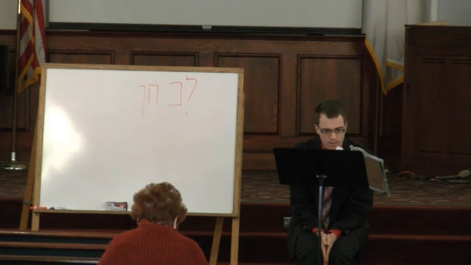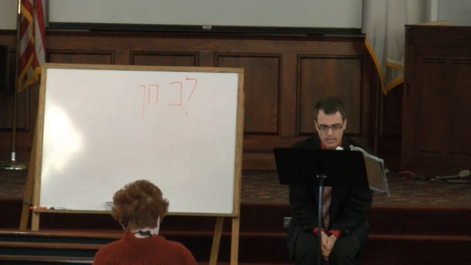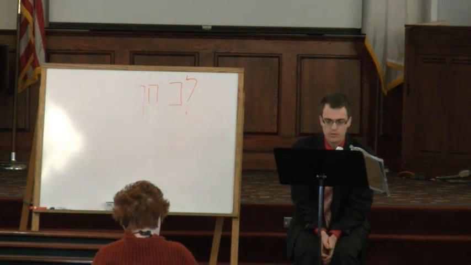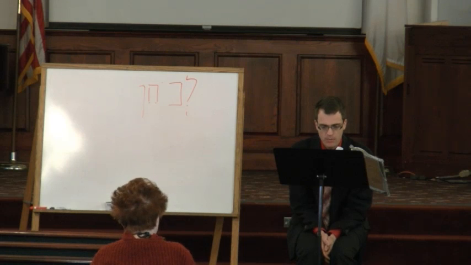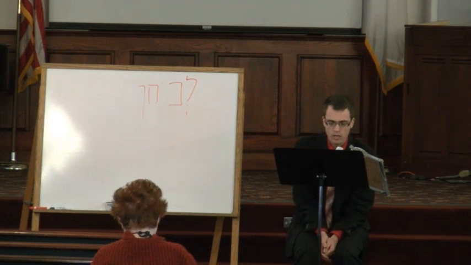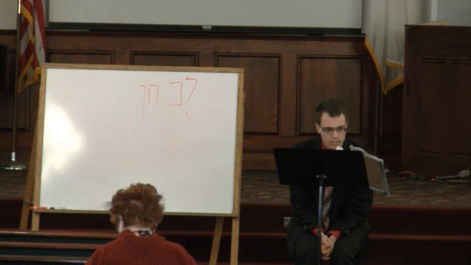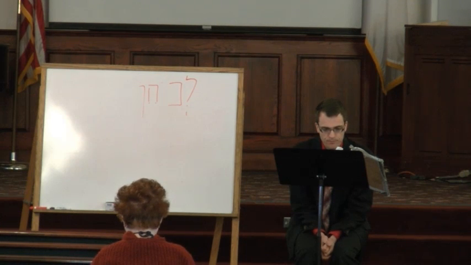Notice in that word ba-bayit, the first Beth has a dagesh lene because it's preceded by the consonant mem in the previous word. And the second Beth in ba-bayit is a dagesh forte because of the article that got eaten up by the first Beth. And you can see that in the transliteration, ba-bayit.